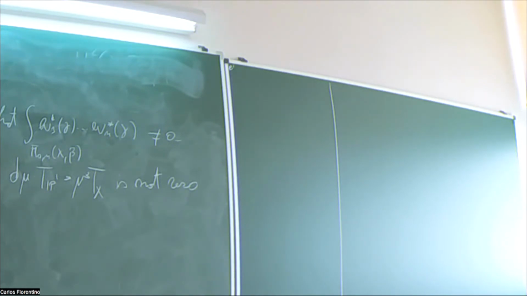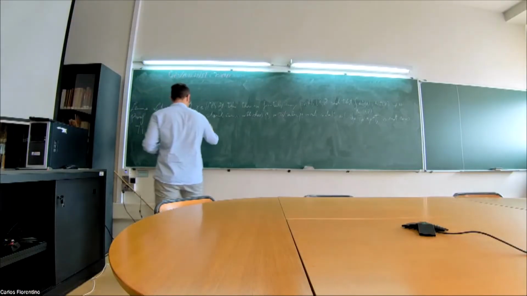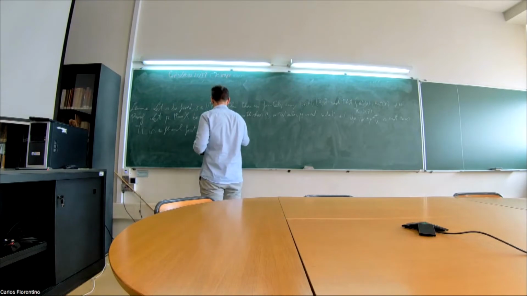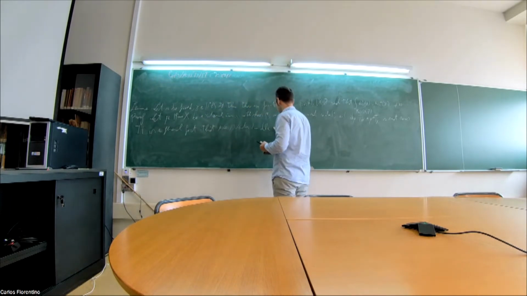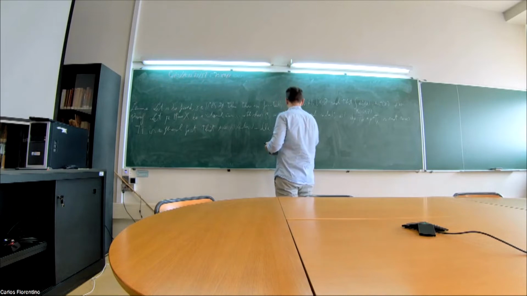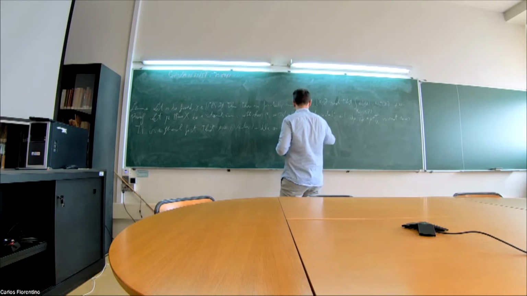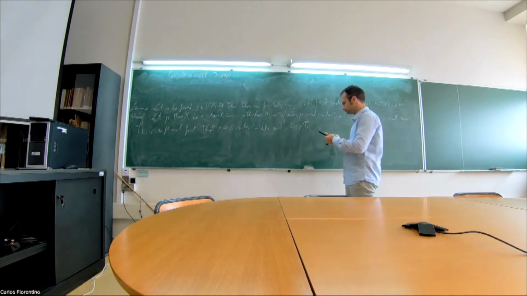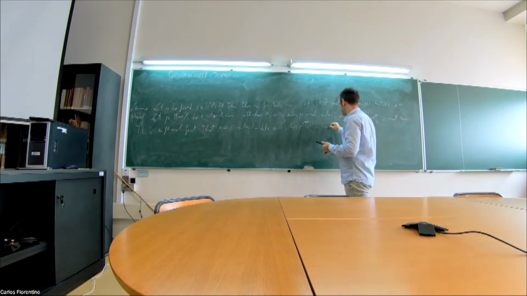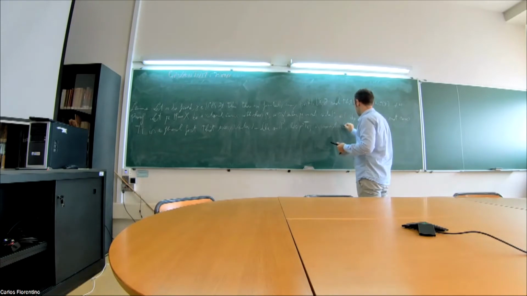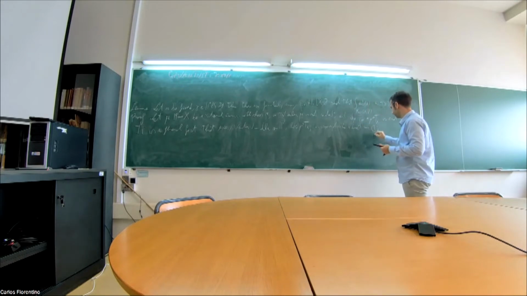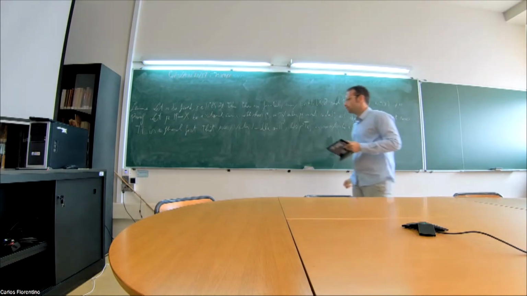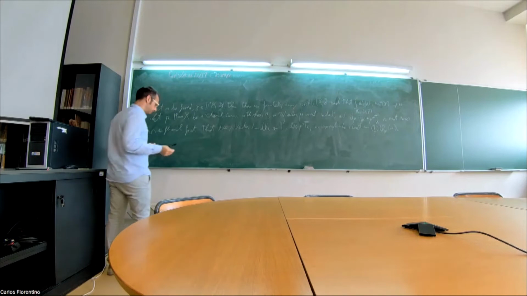It is a general fact that every vector bundle on P1, like mu star, the pullback of the tangent space of X, is isomorphic to a direct sum of line bundles O_P1(lambda_i). This is called the Grothendieck theorem in the literature.